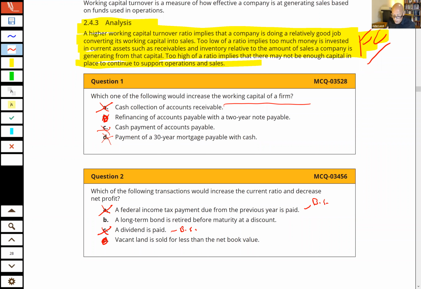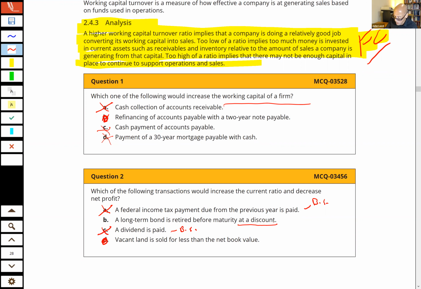Now I've got to figure out, okay, the ones that are left, B and, we know D is the right answer, are going to have a balance sheet and income statement effect. So what happens if I retire a bond before maturity at a discount?